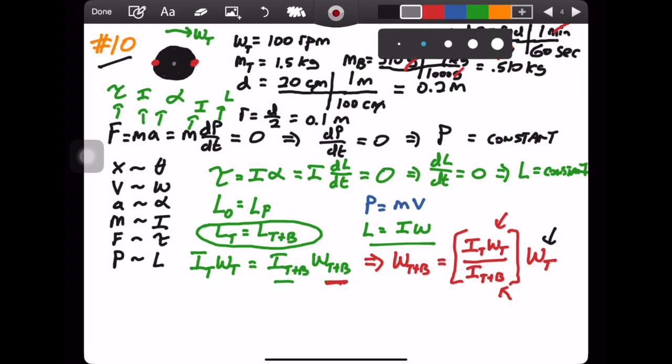It turns out that the moment of inertia I for a solid disk is equal to 1/2 whatever the total mass of the disk is and whatever the radius of the disk is squared.